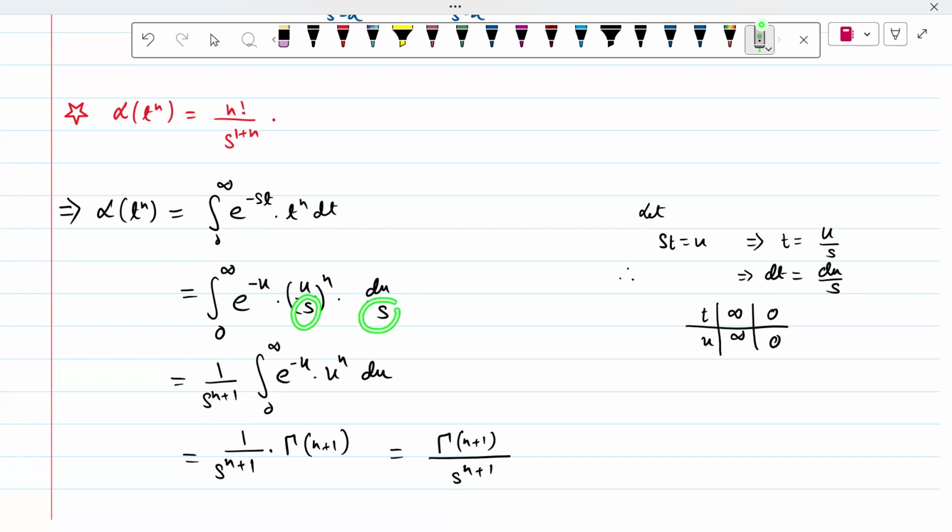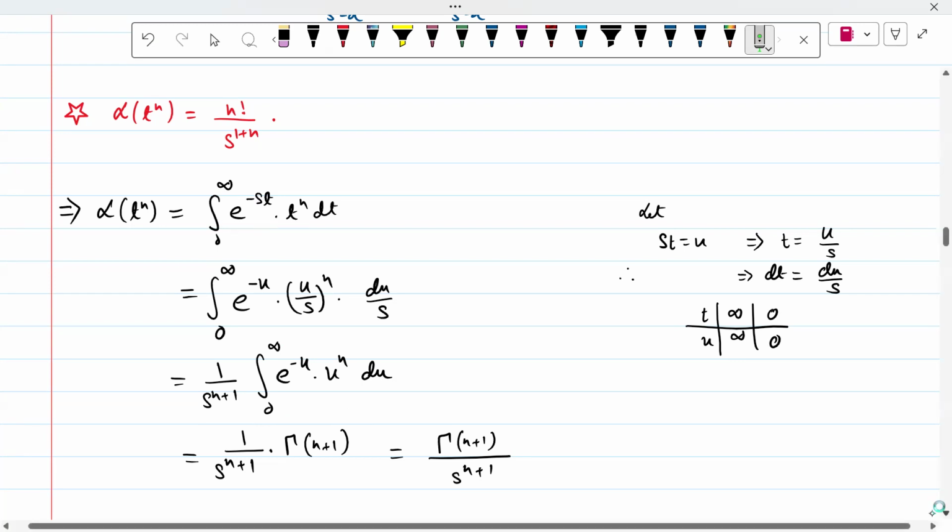So this term comes out. This becomes 1 by s to the power n plus 1, integration 0 to infinity e to the power minus u into u to the power n du. Now remember that this is a gamma function. So this value is given by gamma of n plus 1. So we get gamma n plus 1 by s to the power n plus 1.